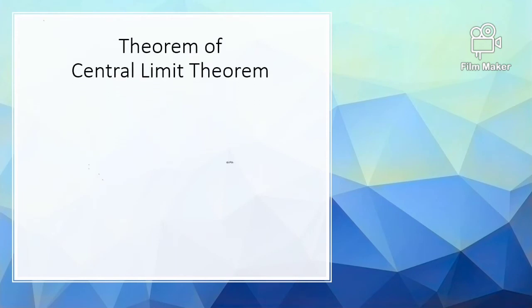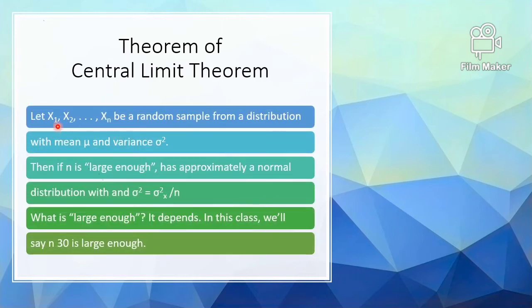The theorem of the central limit theorem. Suppose we have x of 1, x of 2, up to x of n. Take note, if you have x of 1 as 1, x of 2 as 2, and x of n is 30, suppose it is a random sample from a distribution. What is a random sample?